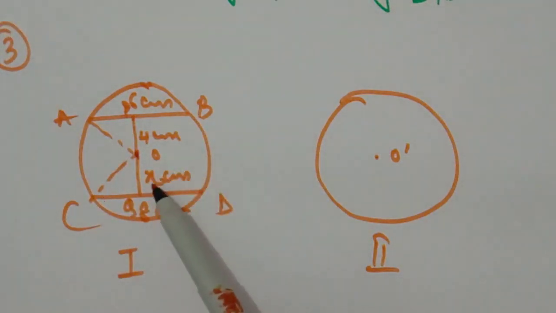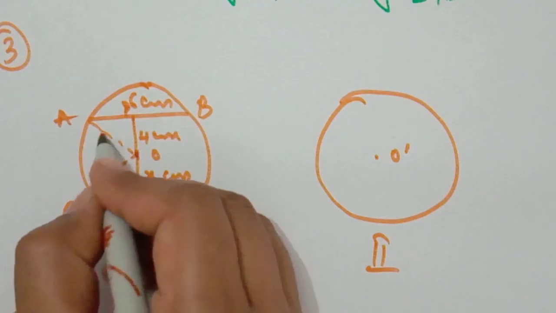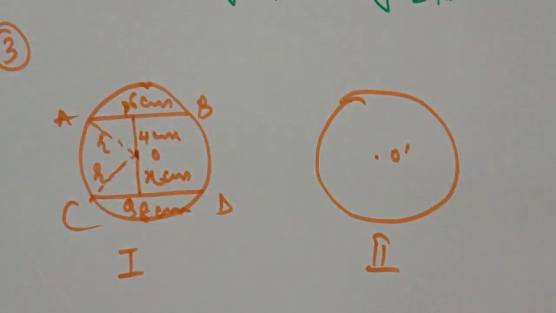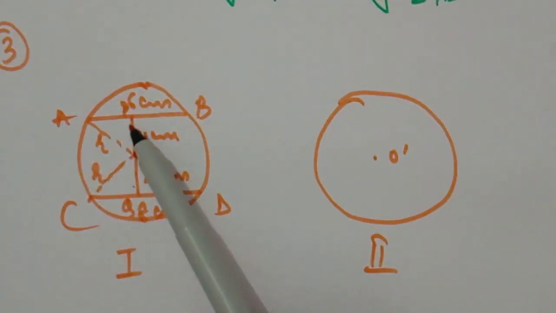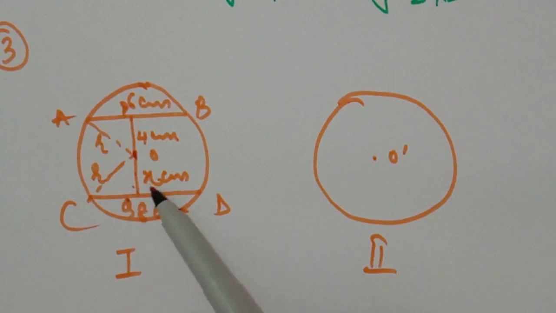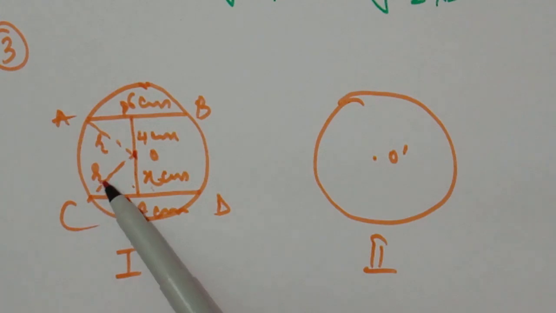So student, we have to find the value of x. We will take r on both sides. Again in this question we will apply the Pythagoras theorem to find the value of x. In the previous question we had to find the value of r, so first we found the value of x, then put it in one equation and found the value of r.